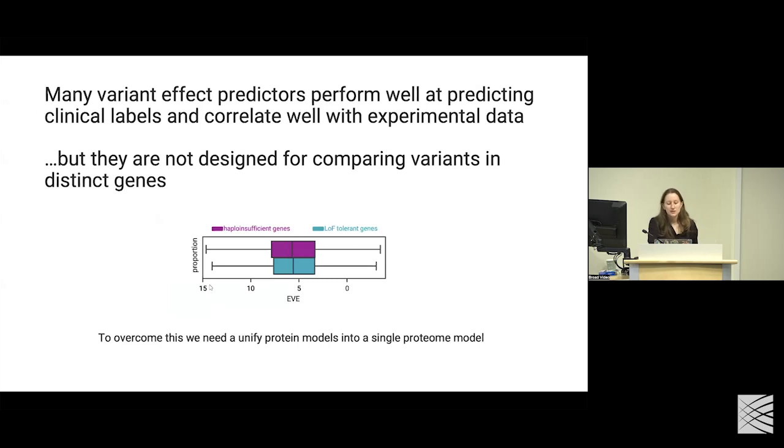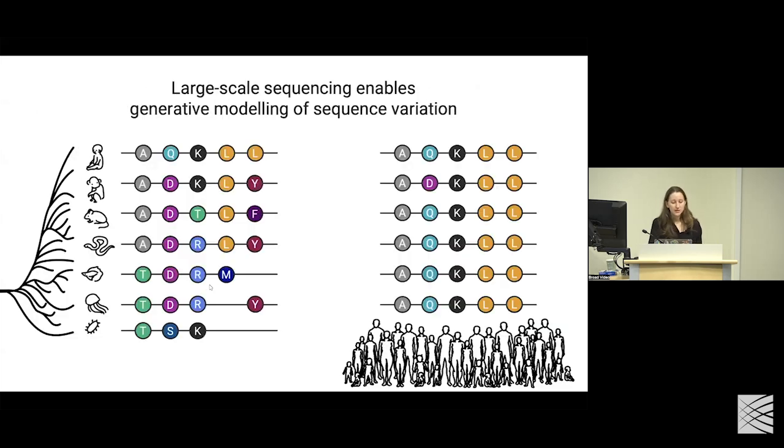Here on the right, originally, we have an EVE model that is unable to distinguish its scores for two different classes of genes. The purple one, on the top, being haploinsufficient genes, where you would expect a disruption in that gene to be quite deleterious, compared to a loss of function tolerated gene, where if you had a variant in that gene, you wouldn't expect it to be quite as deleterious as the haploinsufficient gene.